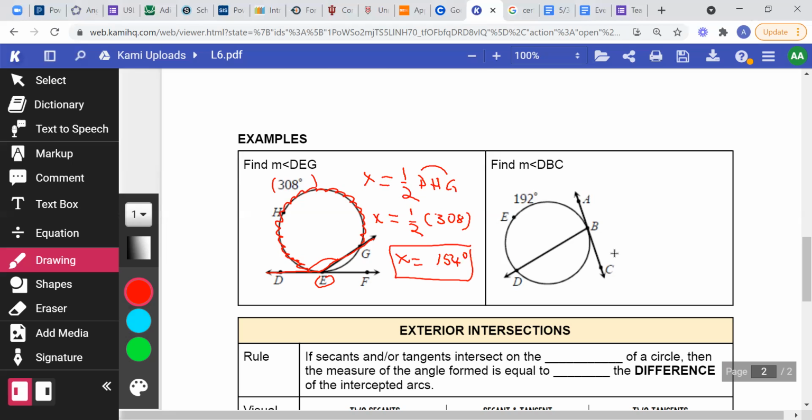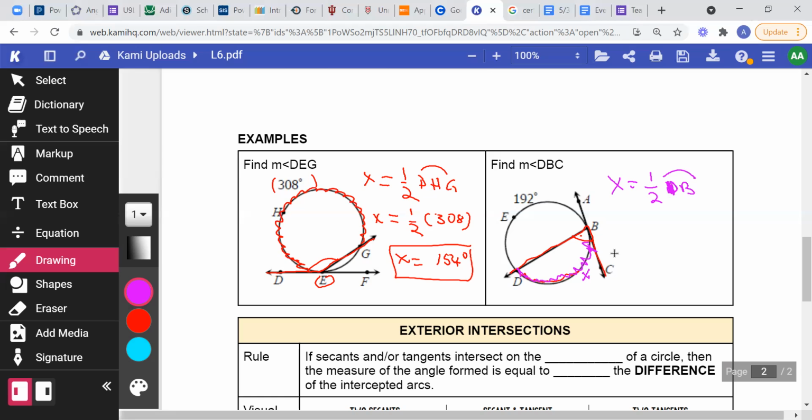The other side too, find DB, from D to B and then to C. That's this arc here, which means it's going to be half of this arc. So let me call it X, equals half, always half of the intersecting arc. The arc is DB. But we don't even have arc DB, so let's find DB.